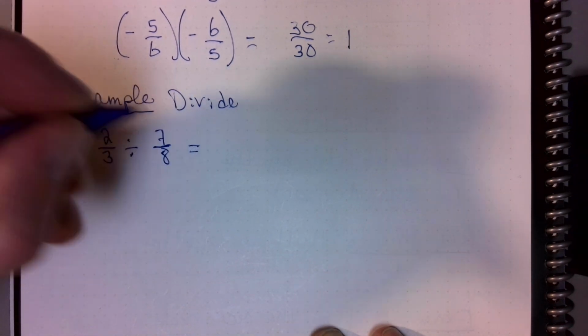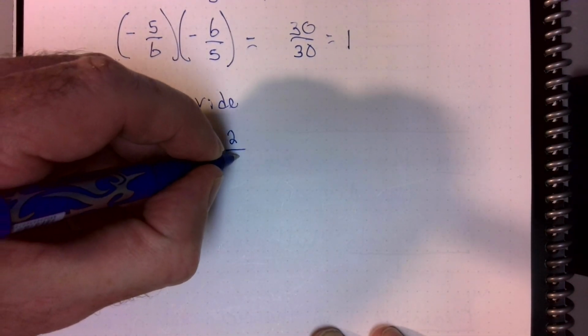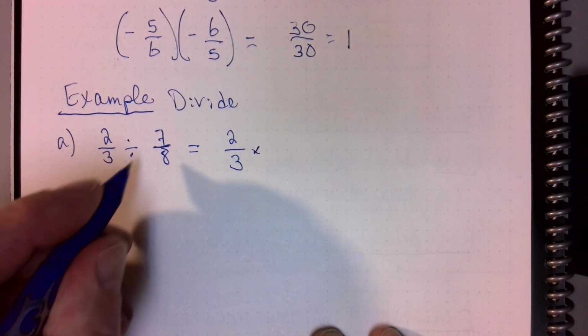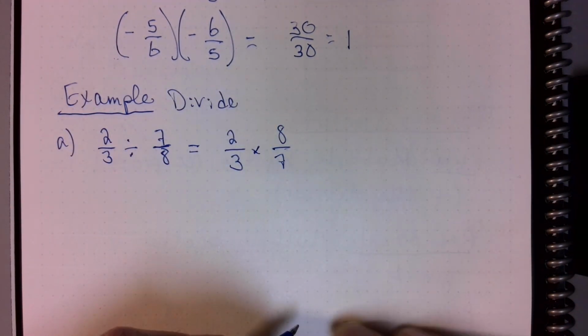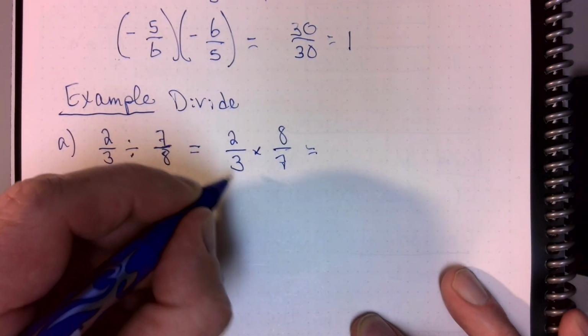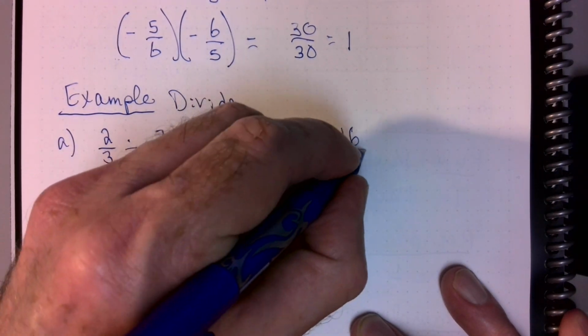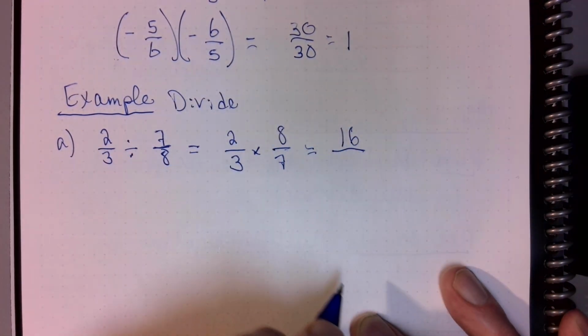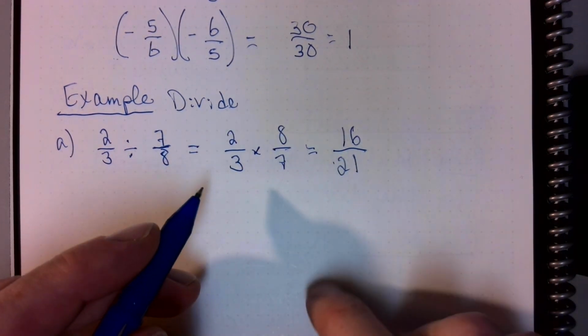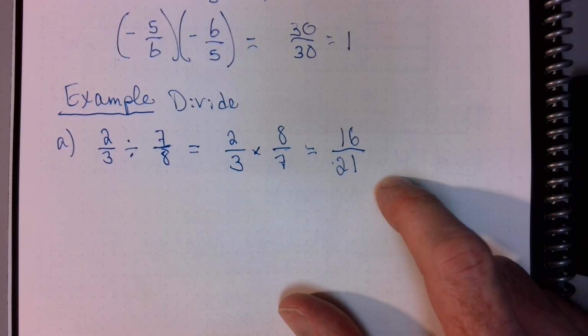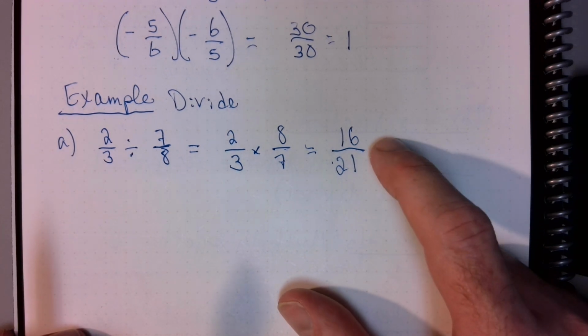The way we're going to set this up, we're going to do 2/3 times the reciprocal of 7/8, which is 8/7. And now it's a multiplication problem. Multiply fractions straight across. 2 times 8 is 16. That becomes our numerator. 3 times 7 is 21. So this is 16 over 21. Doesn't look like this can be simplified.